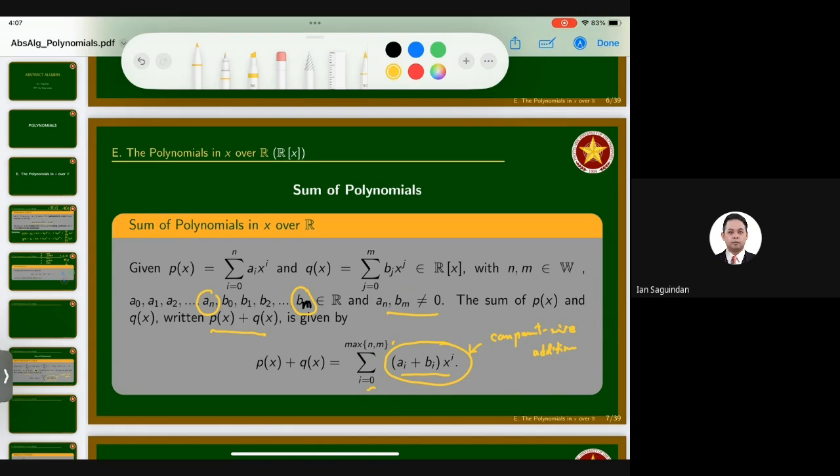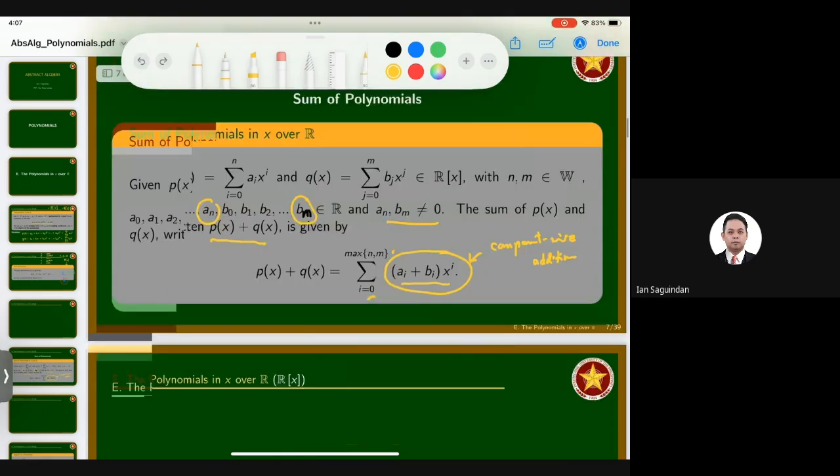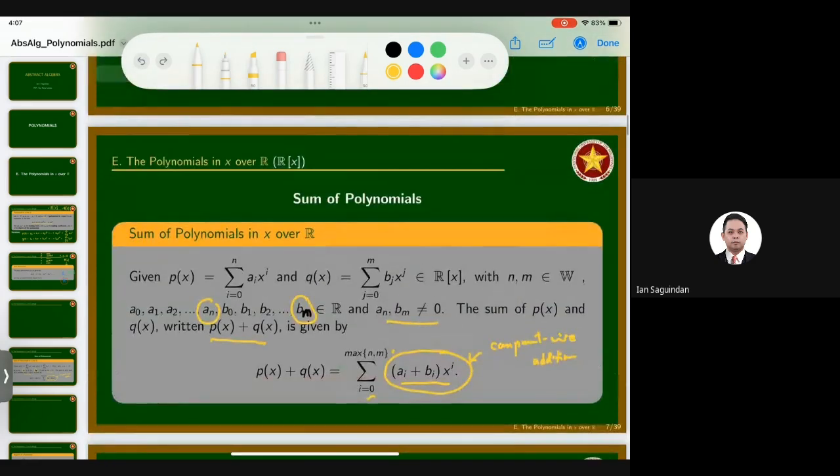That's why the j indexing variable has been unified with i already. In this case, we will be doing the addition of the polynomials in terms of the indexing variable i, for convenience. And then the degree of the polynomial will be just whichever is higher.